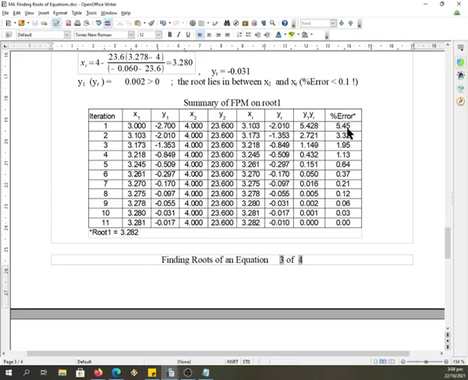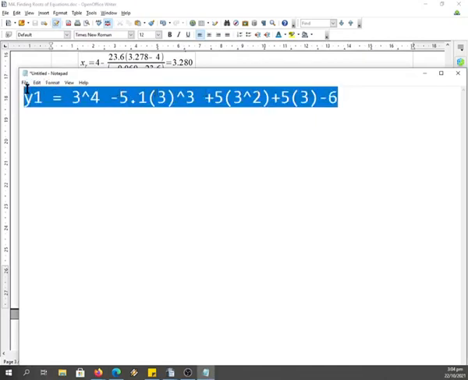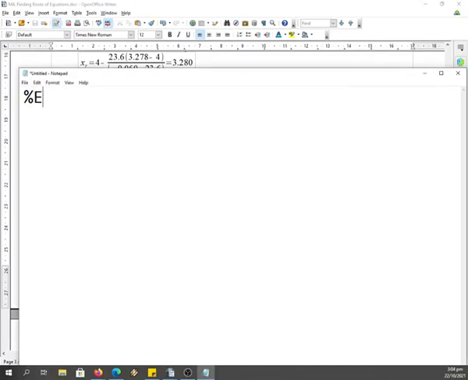The problem is how do you manually compute the percent error? We can use again the formula: percent error is equal to the absolute value of the expected value minus the measured value, divided by the expected value, then multiply this by 100%.